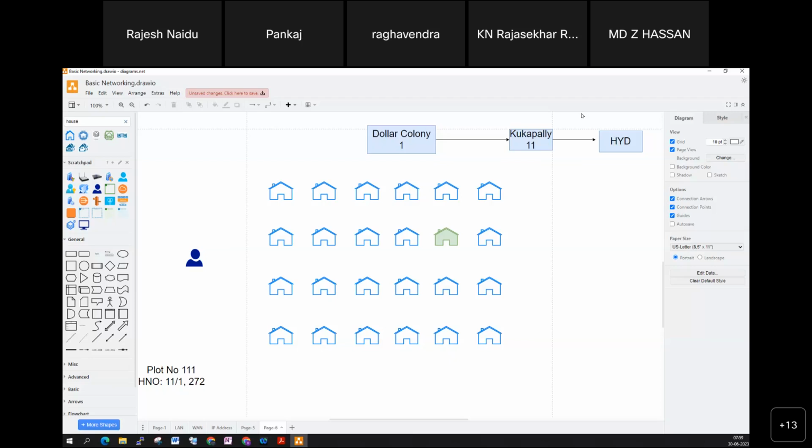So Hyderabad is a very big city. In that big city there are some areas: Kukatpally, High Tech City, Bachupally. So different areas are there. In one of the areas, many colonies are constructed, like 100 colonies, 200 colonies. One of the first colonies is Dollar Colony. In Dollar Colony, nearly 500 to 1000 houses are there.